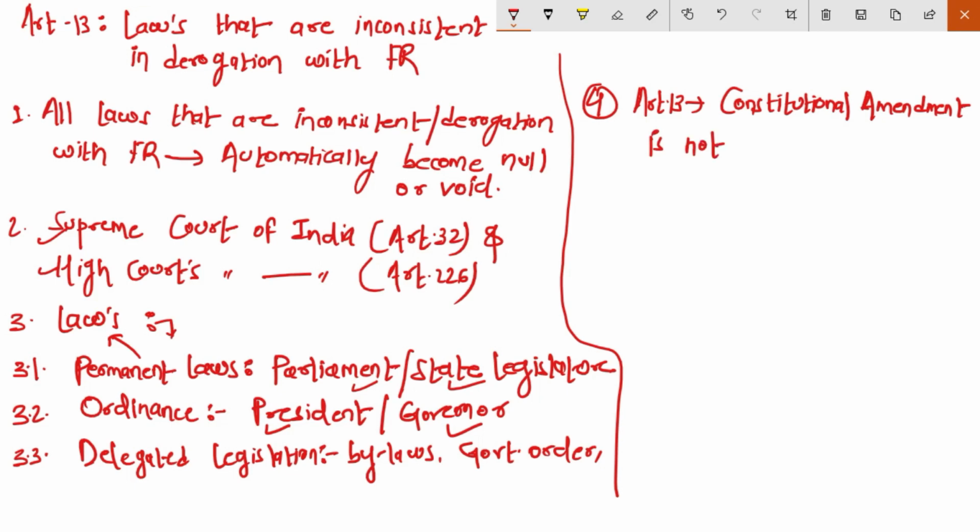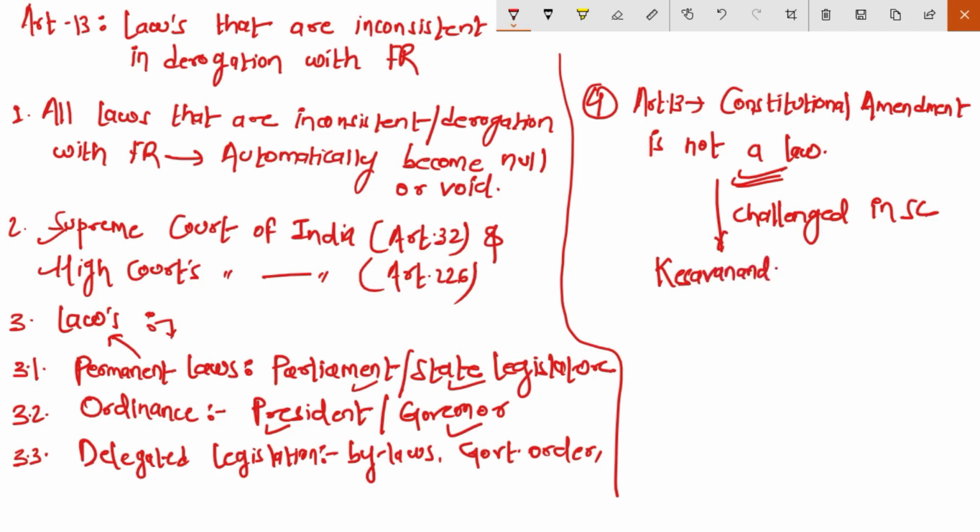So this was the idea. Article 13 says that constitutional amendments done by the parliament are not a law, but this very particular thing has been challenged in the Supreme Court under the Keshavananda Bharati case. Very important, very famous case.